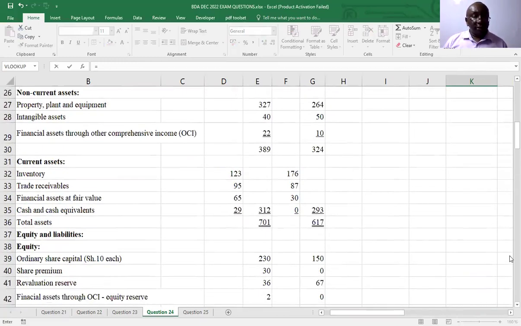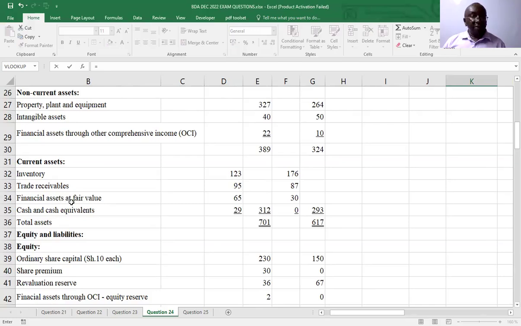Current assets, financial assets, those are not taken to be part of working capital. It's not part of our day-to-day activities. Cash and cash equivalents are part of working capital, but their change is captured down below. The other one that should have appeared here is prepayment.